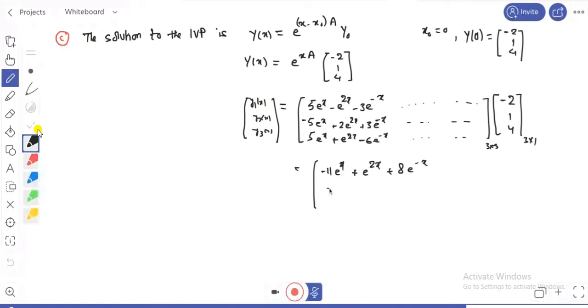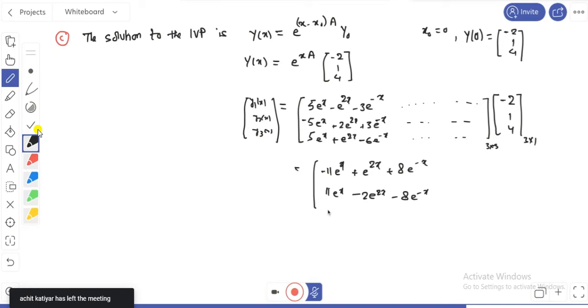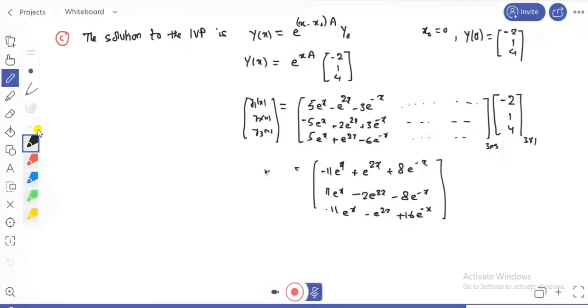So this equals e to the power x minus e to the power 2x minus 8 e to the power minus x, and the final solution is e to the power 2x plus 16 e to the power minus x. So this is your y(x). You can say y1, y2 and y3 are the 3 solutions of this system of initial value problem. So here you can calculate easily the solution of that.